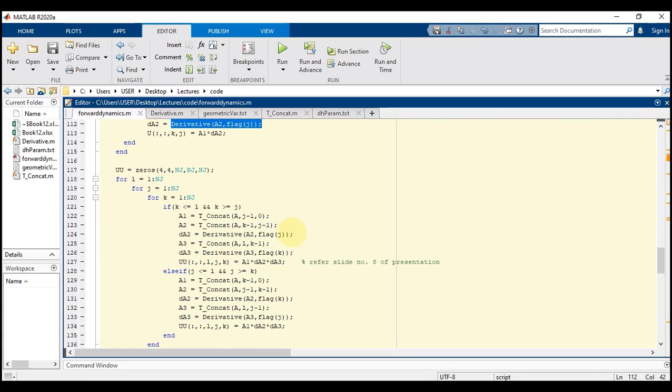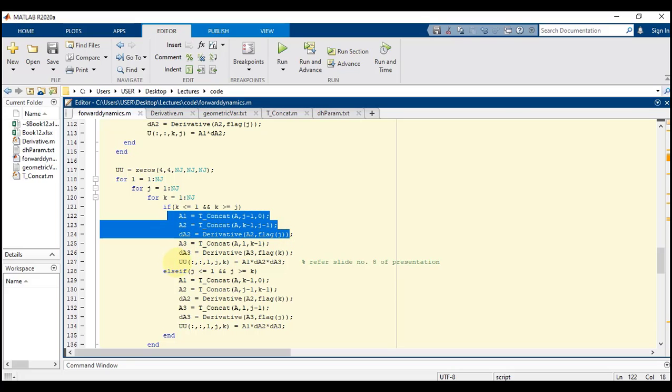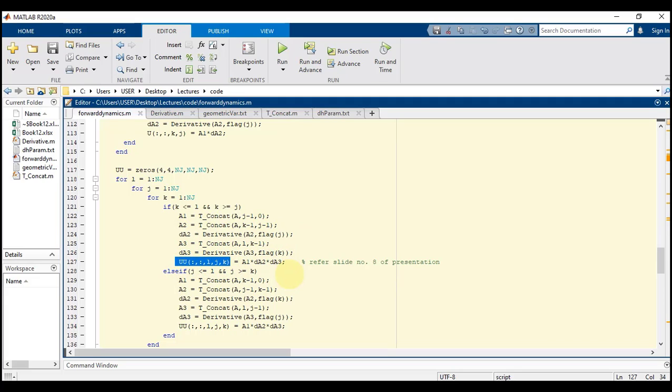Once the matrices are concatenated, then we find UU, which we have discussed in slide number 8 of the presentation, which actually refers to the effect of joints on the links. dA2 refers to the effect of a joint on a link, and UU actually is the interaction forces between two joints, or the effect of joints on a single link.